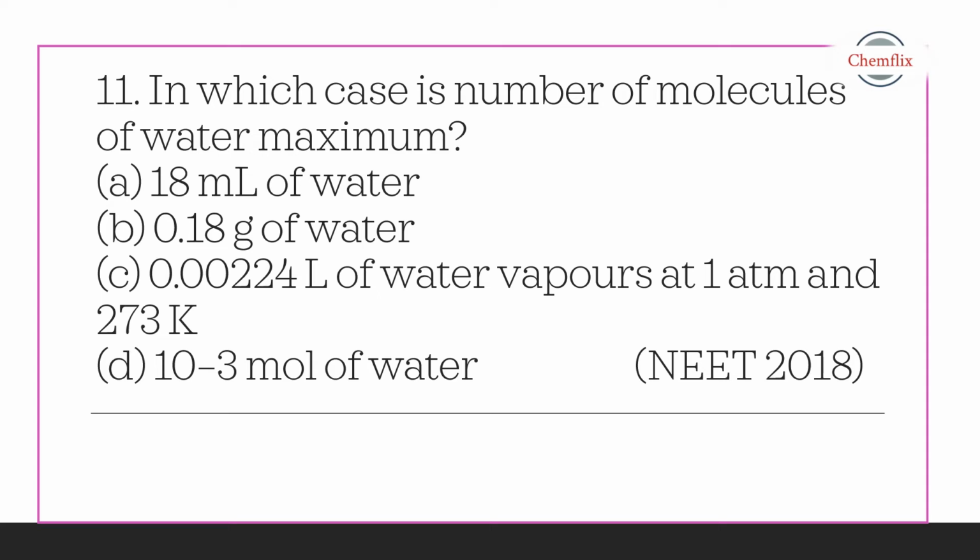You know that density is equal to mass per volume, so mass is equal to volume into density. Here, 18 ml of water, and the density of water is 1. So the mass of water here is 18 into 1, which is equal to 18 gram.